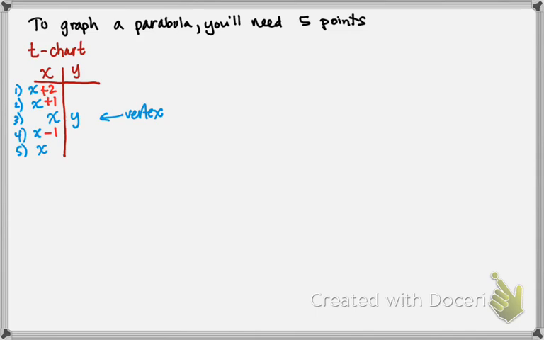So what you're going to do is build your parabola by having a vertex and then 2 points that are going to be on a horizontal line from each other, and then another 2 points that are going to be on a horizontal line from each other, and that will give you a good way of putting your parabola together. Now, here's where you got to trust me. When you're doing this, you're going to get y values that actually match, only if you follow this strategy.